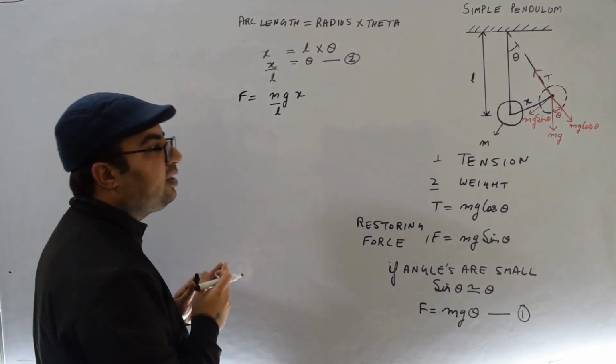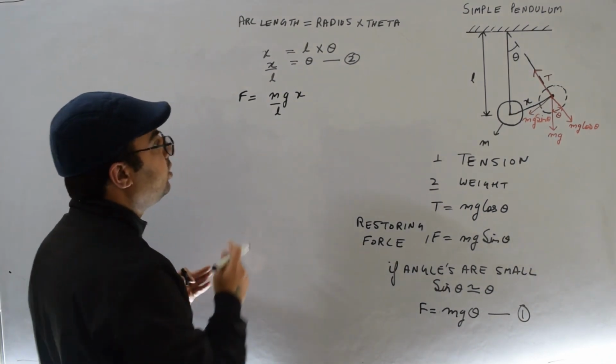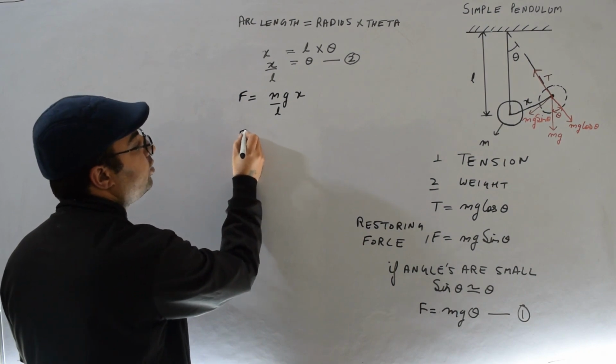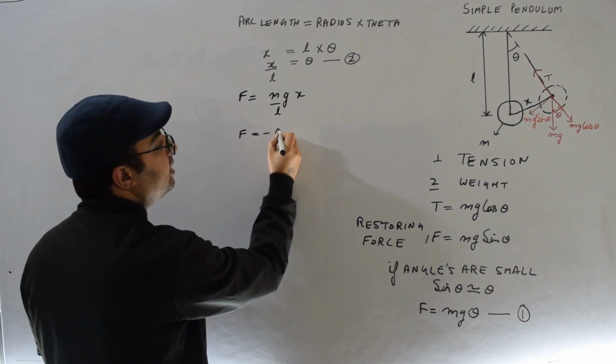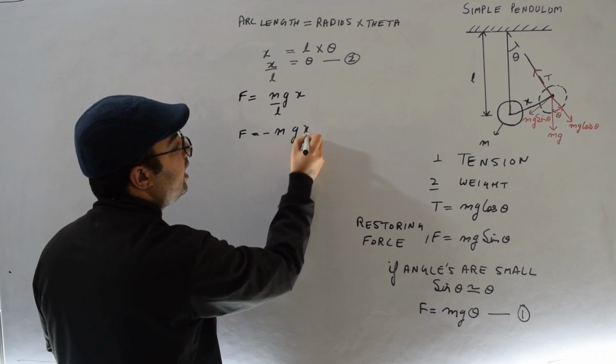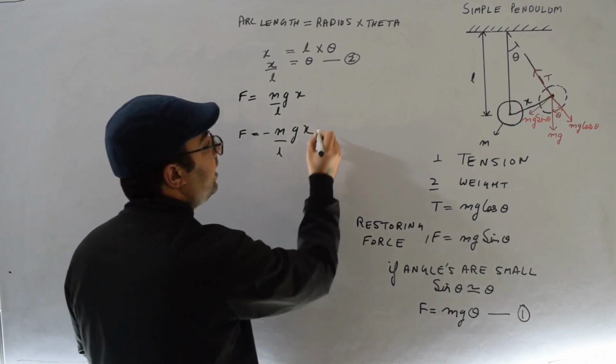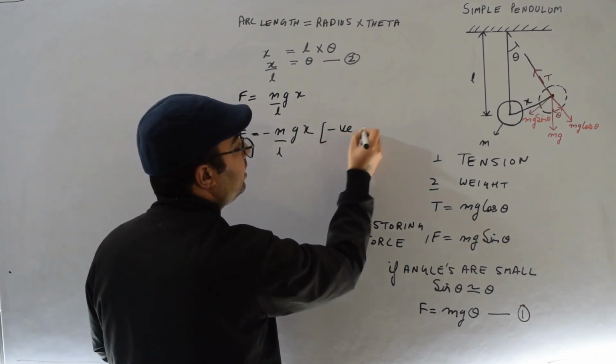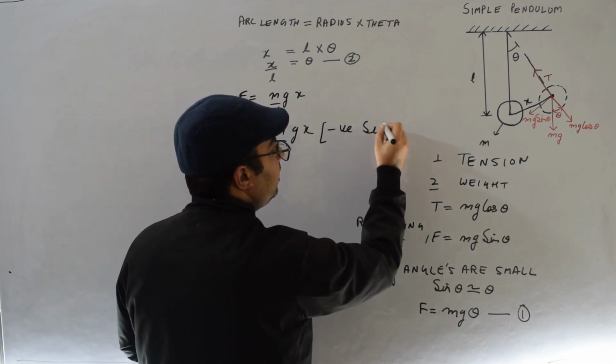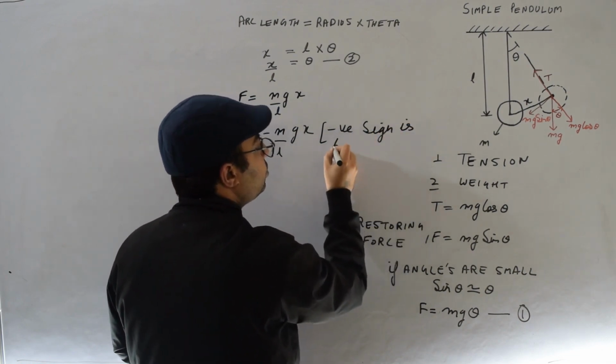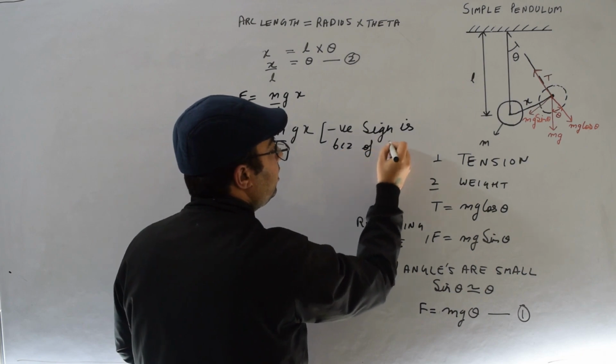So if we will be taking the direction into the consideration, so here comes the minus sign. So F is equal to minus mgx upon L, and this negative sign is because of direction.